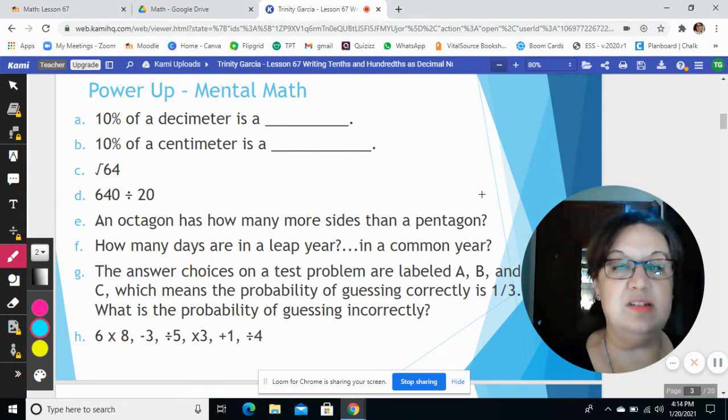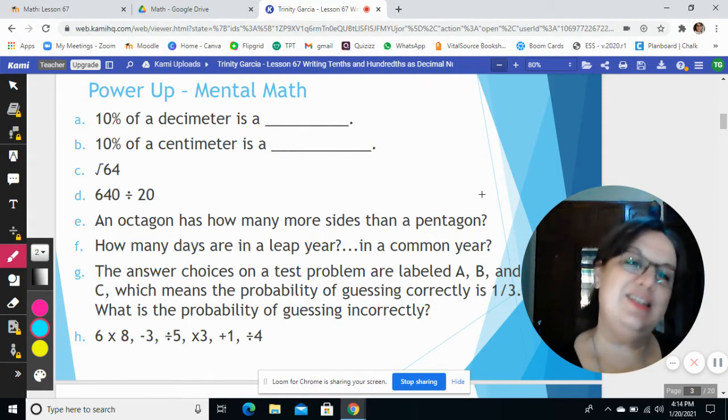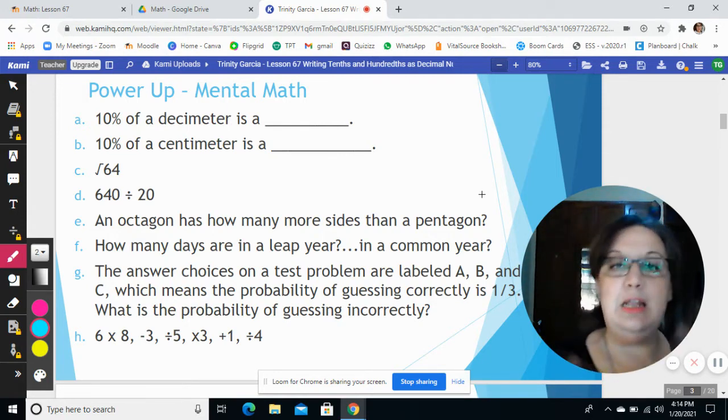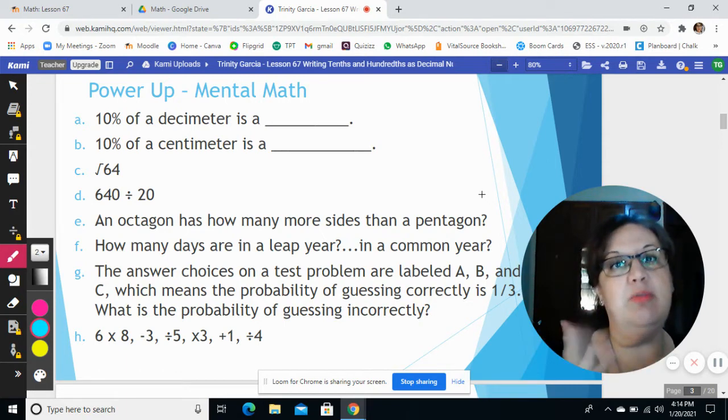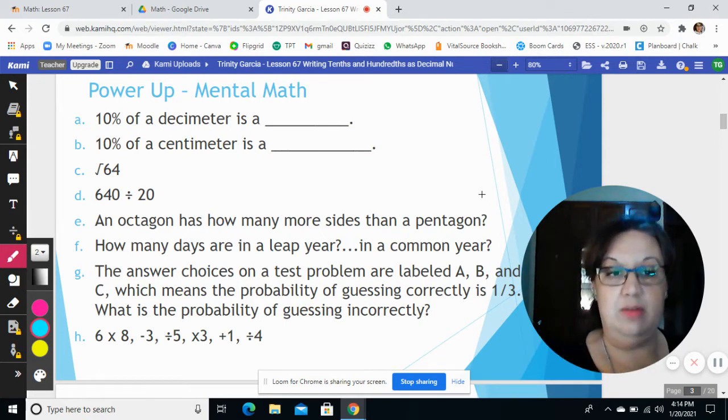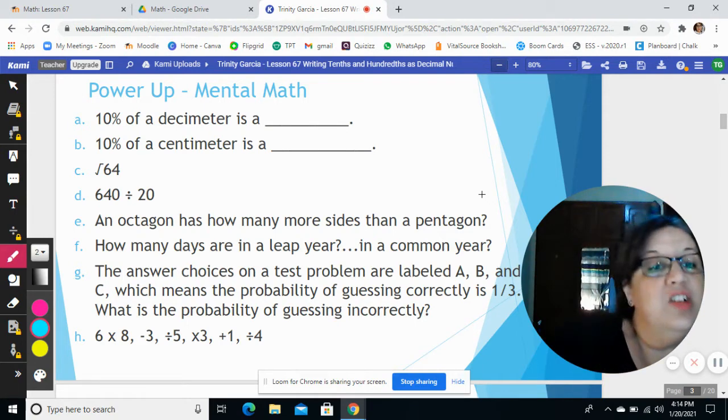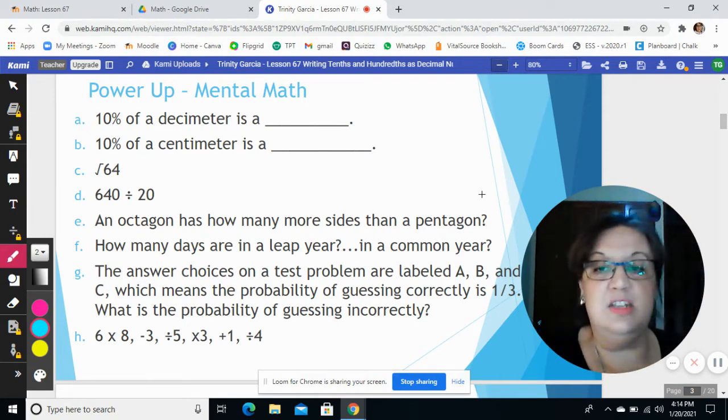That's important to know because when you take a test, even if you're guessing at multiple choice, depending on how many answers there are, changes your chances of getting it right or wrong. So if it's A, B, and C, you have a 1 out of 3 chance of getting it right, but you have a what chance of getting it wrong? That's what it's asking you.